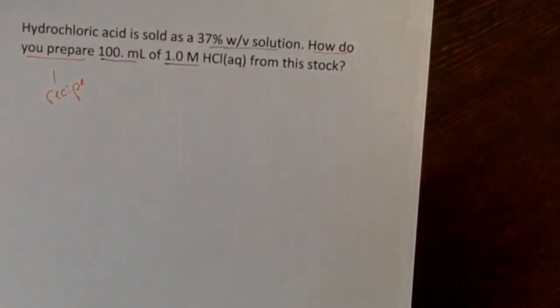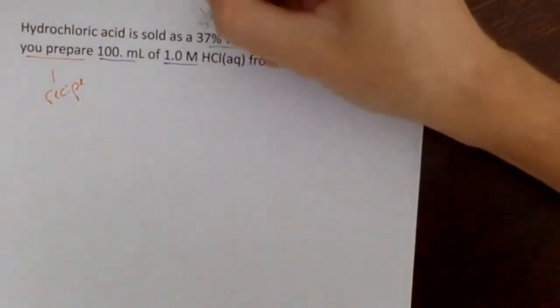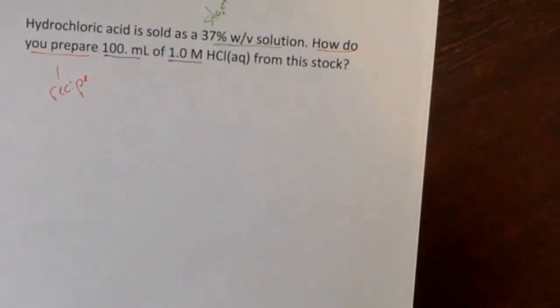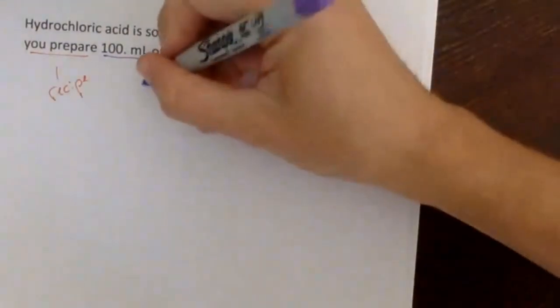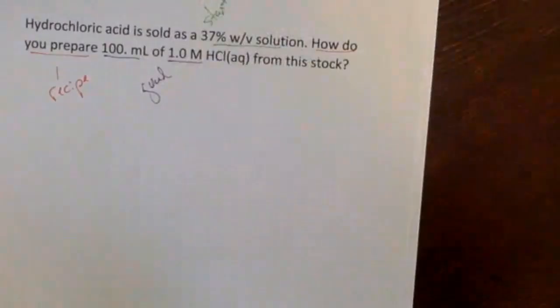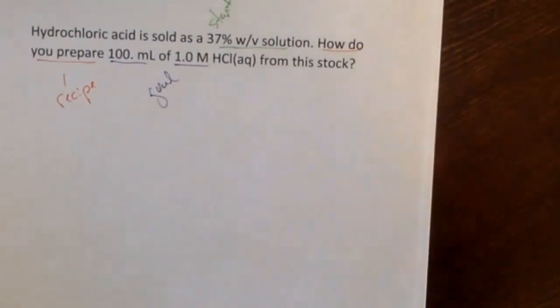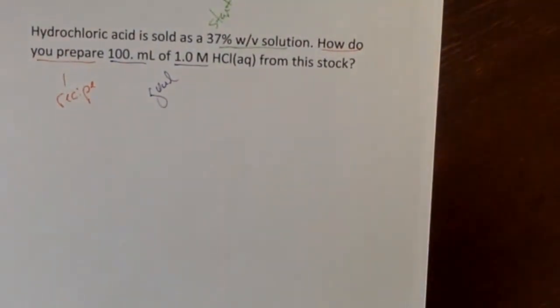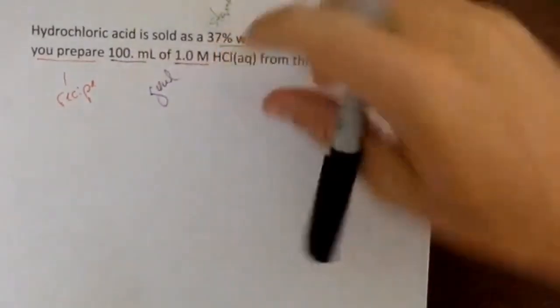Okay, so this would be where I start, and this would be my goal. All of these ideas of target, your starting solution, your goal solution, point to using my dilution equation, where my start is going to be solution 1, my goal is going to be solution 2.